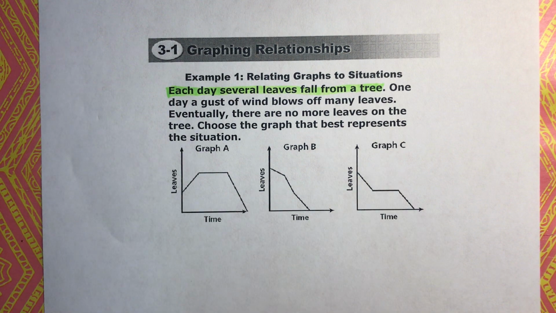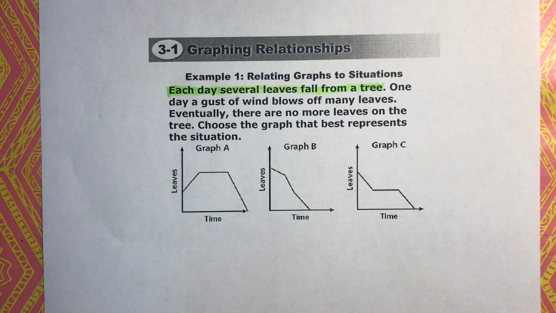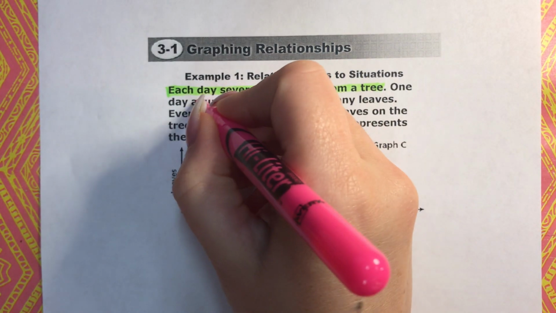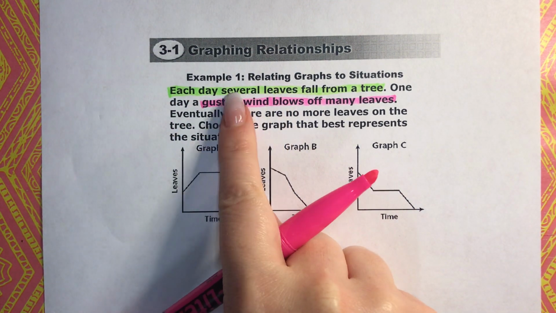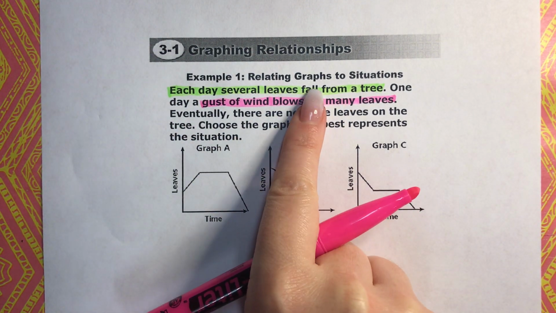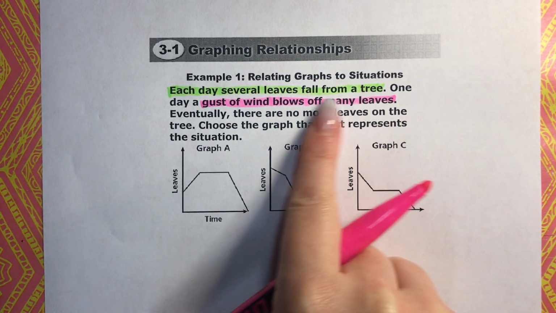And then it says, one day, a gust of wind blows off many leaves. So here what's happening is there's a few dropping off each day, right? But then a whole bunch drop off all of a sudden, okay?